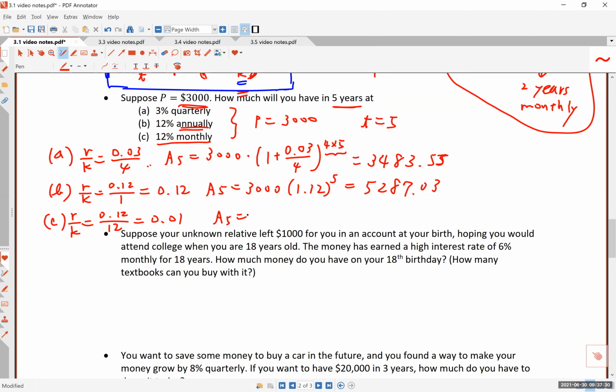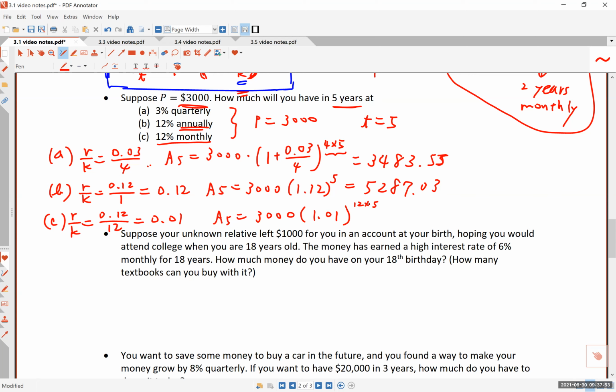We take A sub 5 is 3,000 times 1.01. Remember, that's 1 plus R divided by K. And then you raise it to what power? 12 times 5, that's K times T, that's 60 months, right? Because if it's 12 months a year for 5 years, that's 60 months.